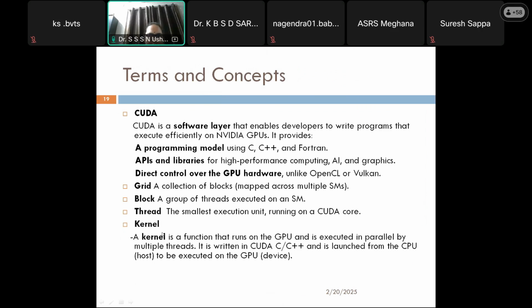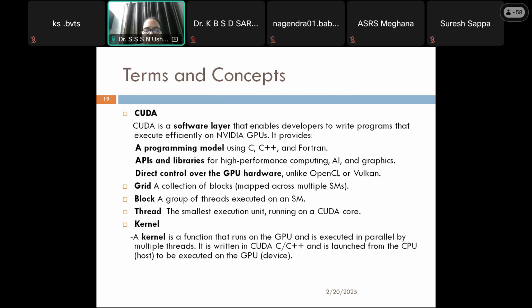So next, kernel. What is meant by kernel in general? In the operating system, we say it is going to interact with the operating system, right? That's an important function. So a kernel is a function that runs on the CPU, and we need to define a kernel. Within the kernel, we'll write the parallel code.